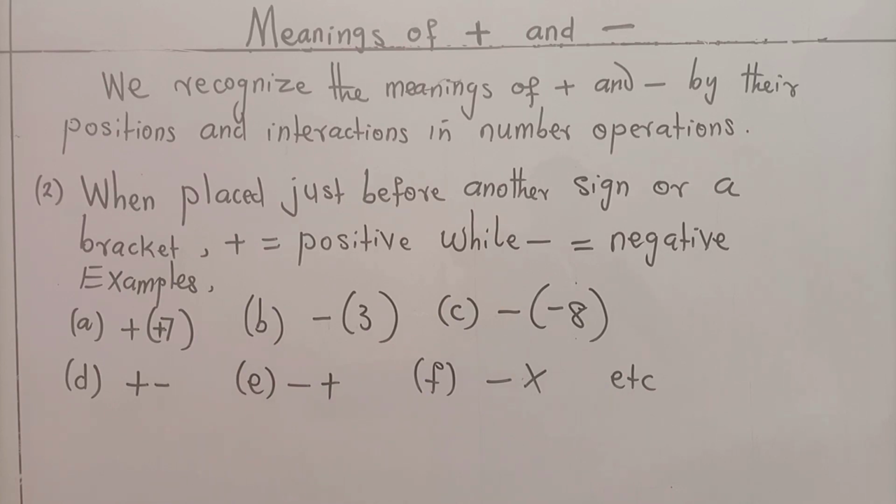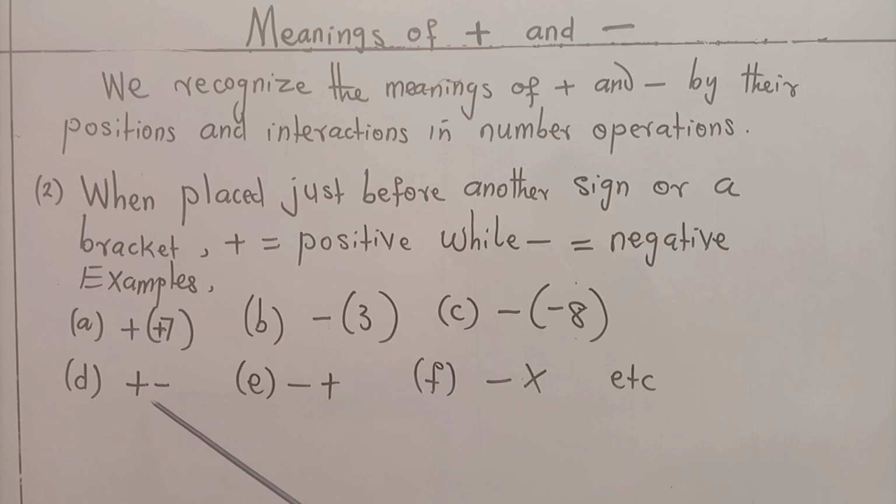Apart from placing these signs before brackets, we also place signs before signs. Example, sometimes we have operations that feature plus and next minus without anything separating them. What it means is that this plus and this minus occurring together will eventually mean something afterwards.